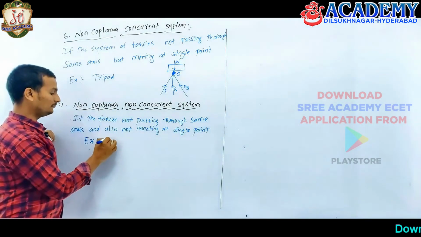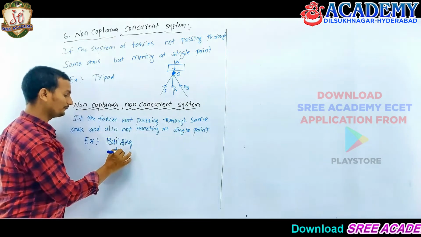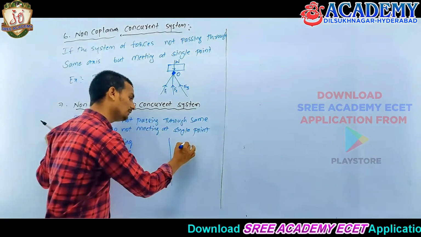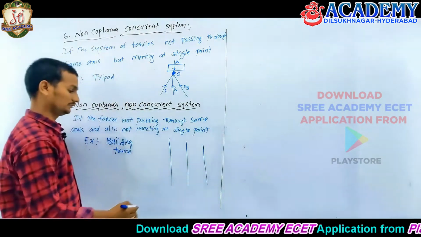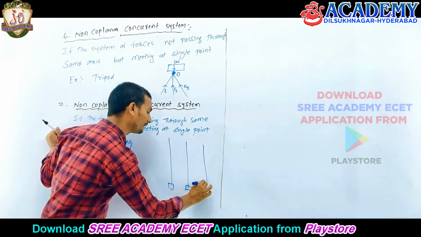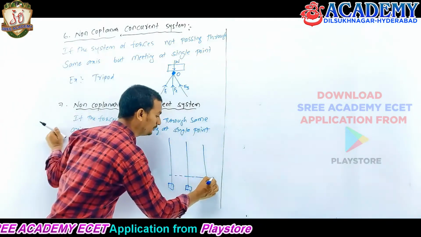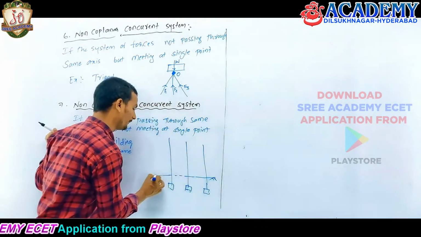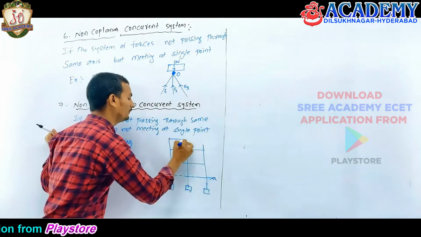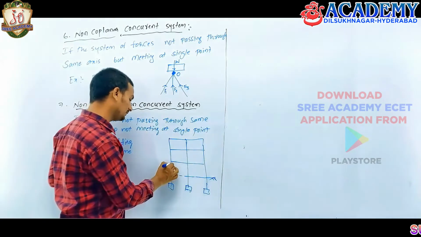Right. The example is a building frame. See, in the building frame, these are the columns, these are the footings, this is the ground level, this is the first floor, second floor, third floor. Here the forces are like this, see.